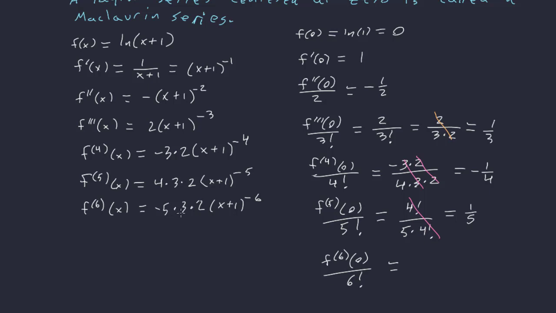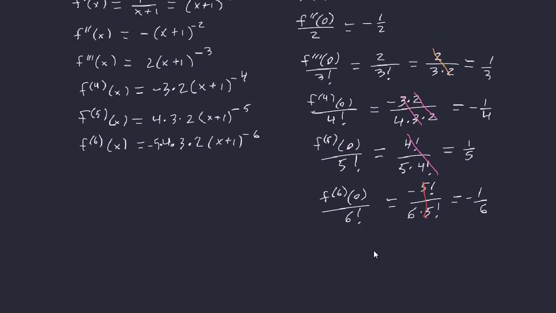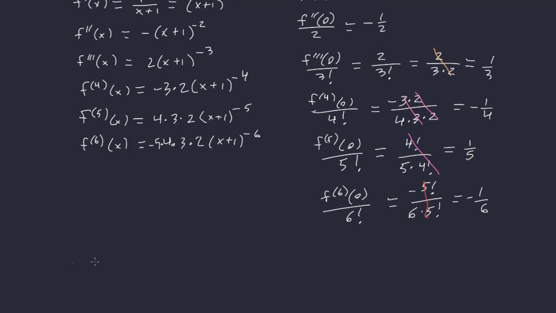Well, check this out. I left off a piece, didn't I? Sure did. Sorry about that. This should be negative 5 times 4 times 3 times 2. So this is negative 5 factorial over 6 factorial, which is 6 times 5 factorial. And hopefully you see the pattern by now. This is negative 1/6.